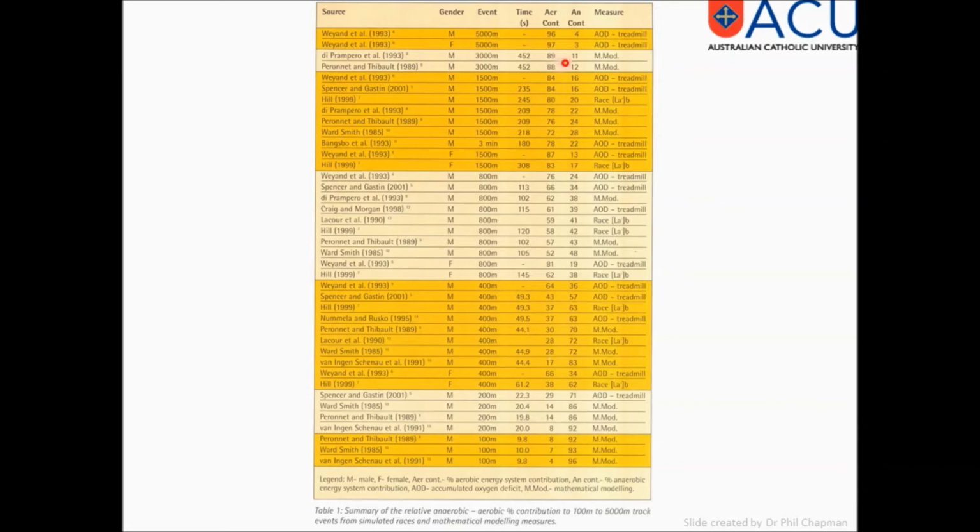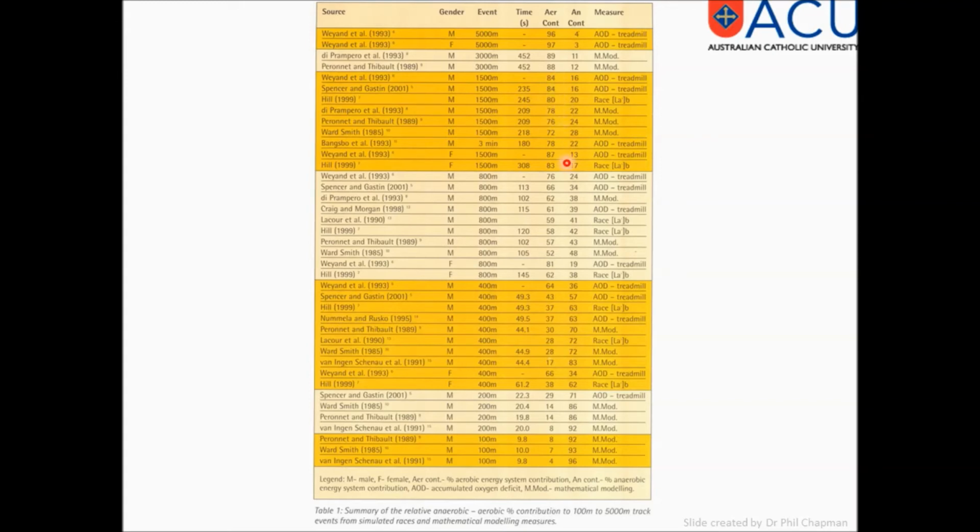3,000 meters, then slightly higher contribution of anaerobic capacity compared to aerobic. It's still very aerobic. 3,000 meters, a shorter event, around 8 minutes or so. Then 1,500 meters, so this is your typical middle distance type of run, looking at 3.5 minutes for the very best, and still quite aerobic, around 80, 84, 85%, if you get an average for those, and the rest is anaerobic.